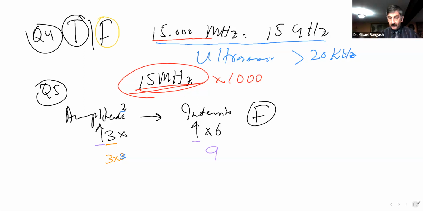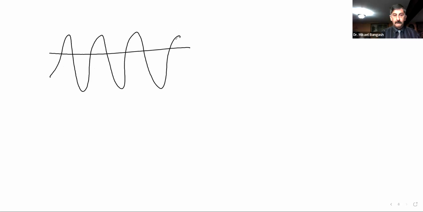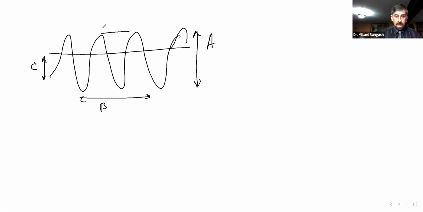Now let me see if I can reproduce this graph that they have given us. Now they say C, B, A, or D.